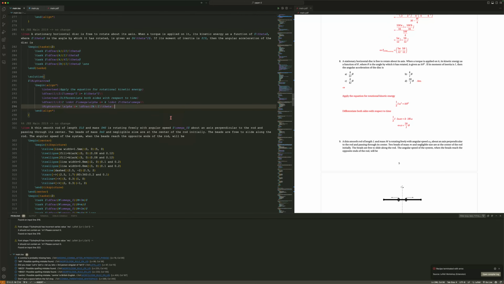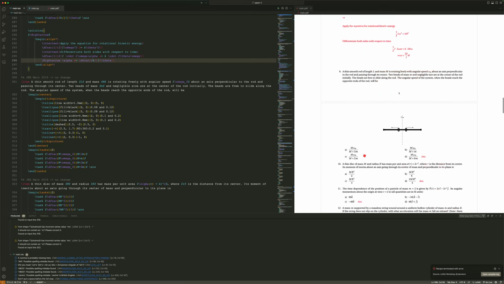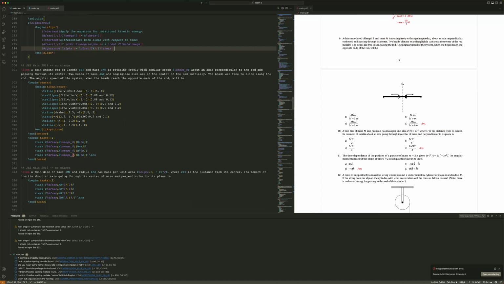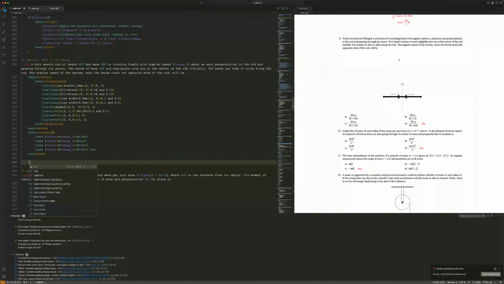Yeah, it's correct. So let's move on to number 9. This is the simple one. We just have to apply the conservation of angular momentum.